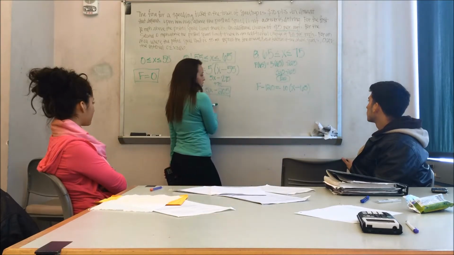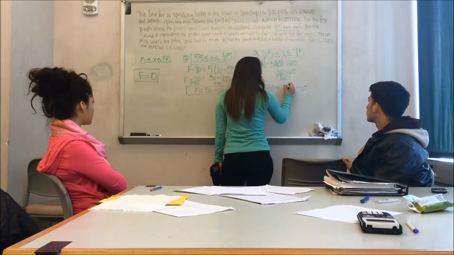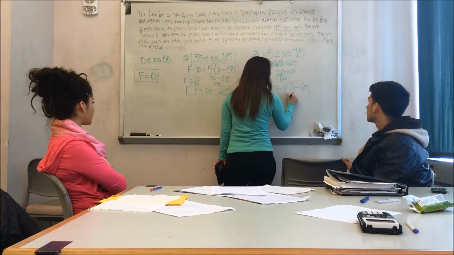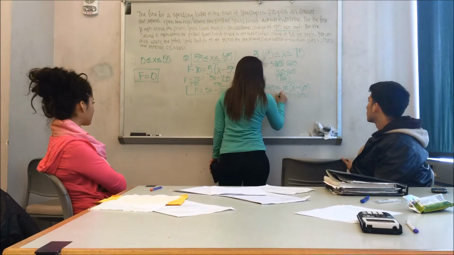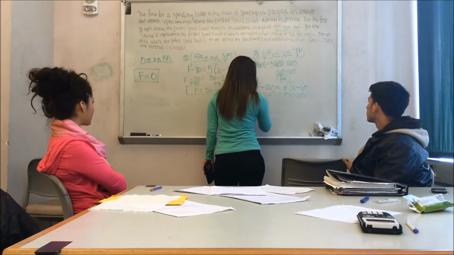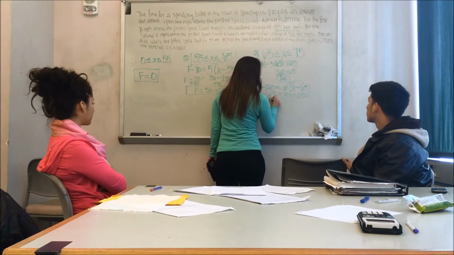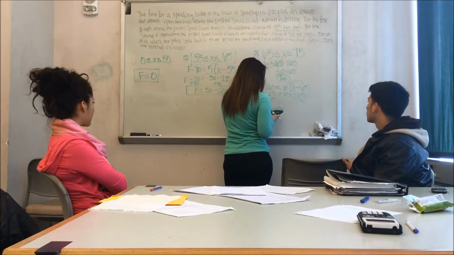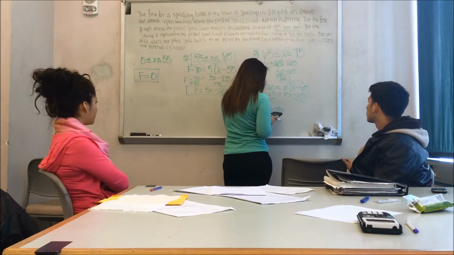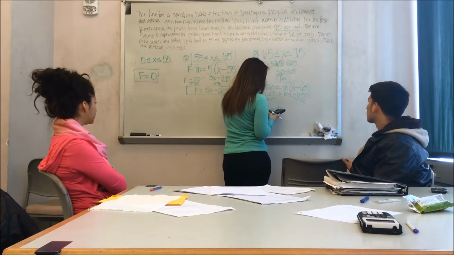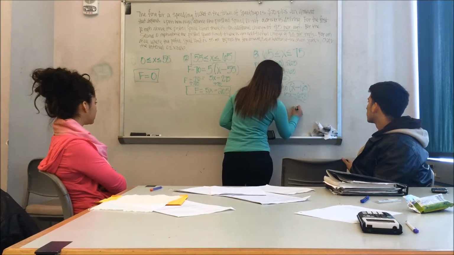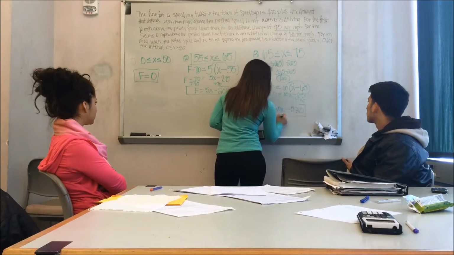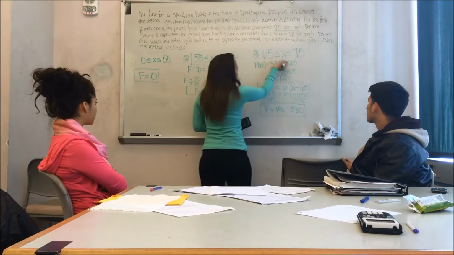And now the same thing we did over here, we're going to solve the equation and solve for X. So we're going to distribute the X. And you're going to add 120 to both sides, which is going to give you F equals 10X minus 530. And this is your equation for the interval of 65 to 75.